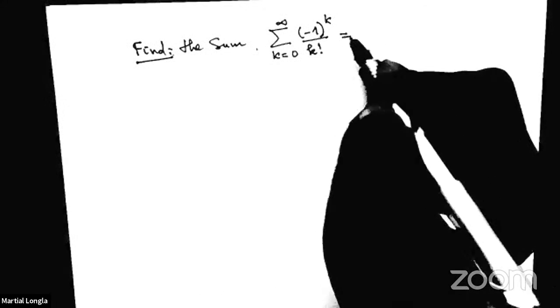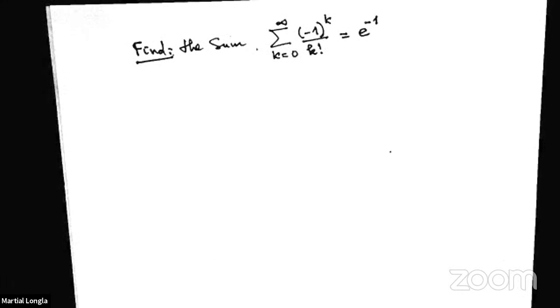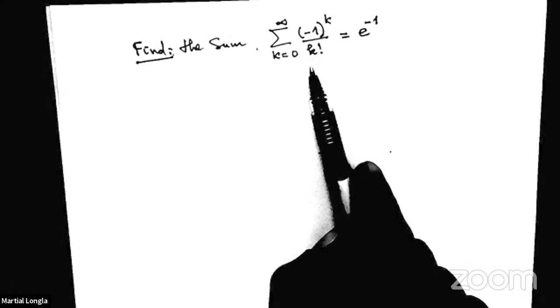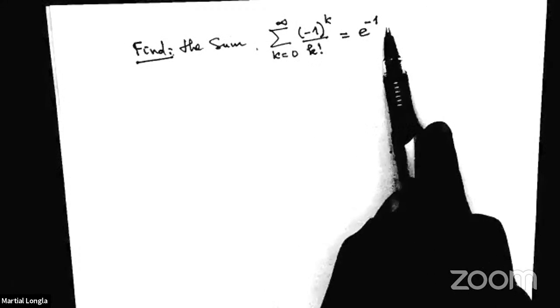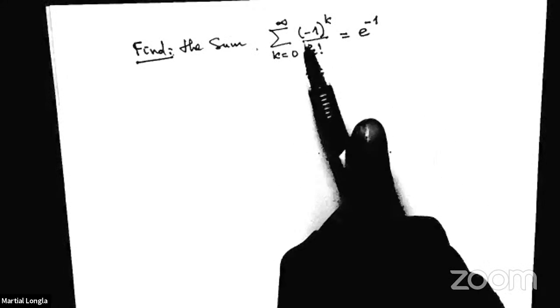I would say here, this is nothing but e to -1. And the only way you can answer this question is if you know the power series that we have derived in this class. Because if you don't know them, you can't see what the answer is. The power series of e to the x is the sum of x to the power k over factorial k.